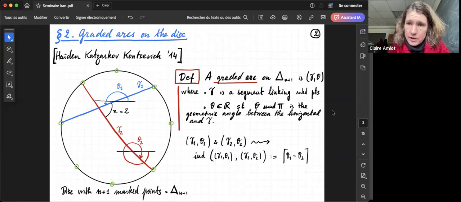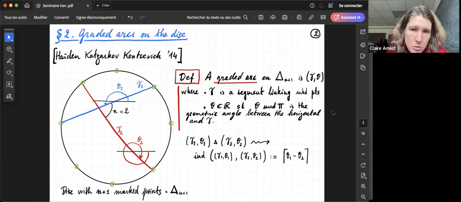It's the data of two things, gamma and theta, where gamma is just a segment linking marked points, and theta is a real number measuring the angle between the horizontal line and gamma. Here I gave some examples.